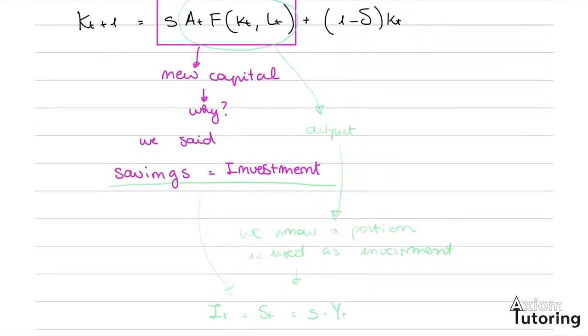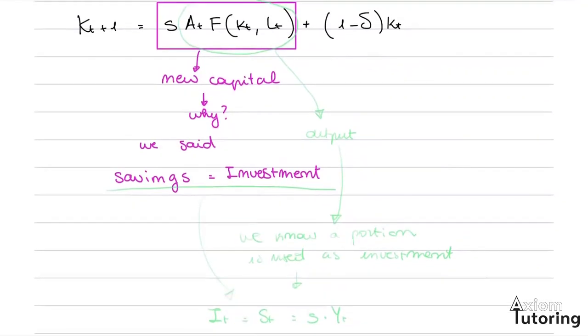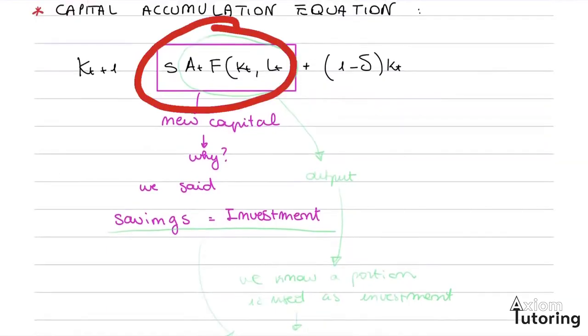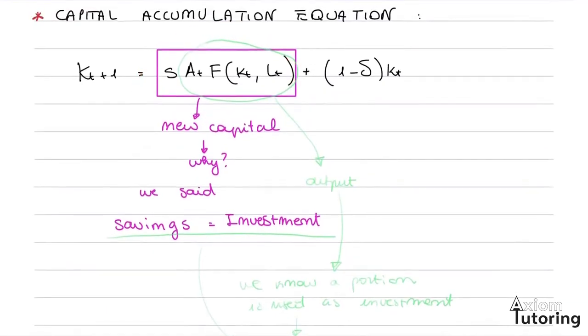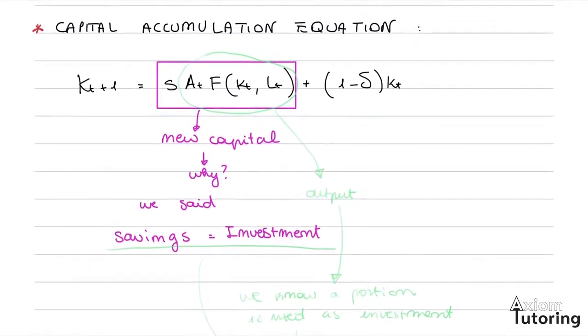So our investment here is equal to the savings rate times output, which is exactly what we are saying in this first part of the capital accumulation equation.